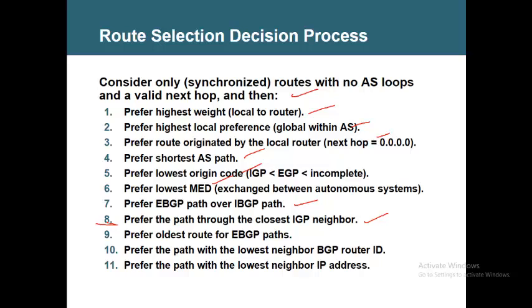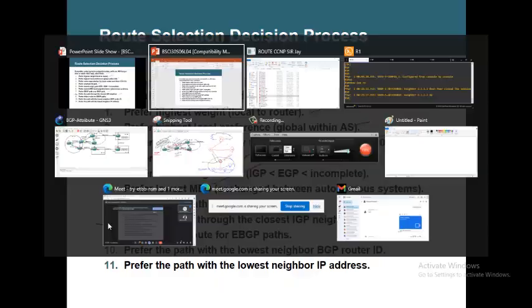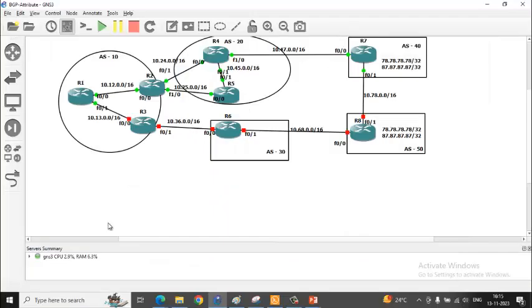So if you have two routers inside BGP 10, you would pick the shorter path, the closest one. Router 1 has got two IBGP neighbors. One is router 2, another one is router 3. Isn't it? Two IBGP.